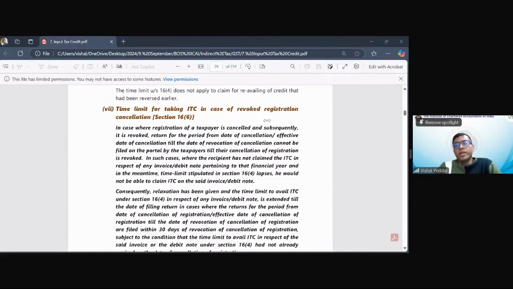Now, in this particular case, if my registration itself is cancelled or suspended, because of which I cannot file the returns, how can I take the ITC within the time limit?